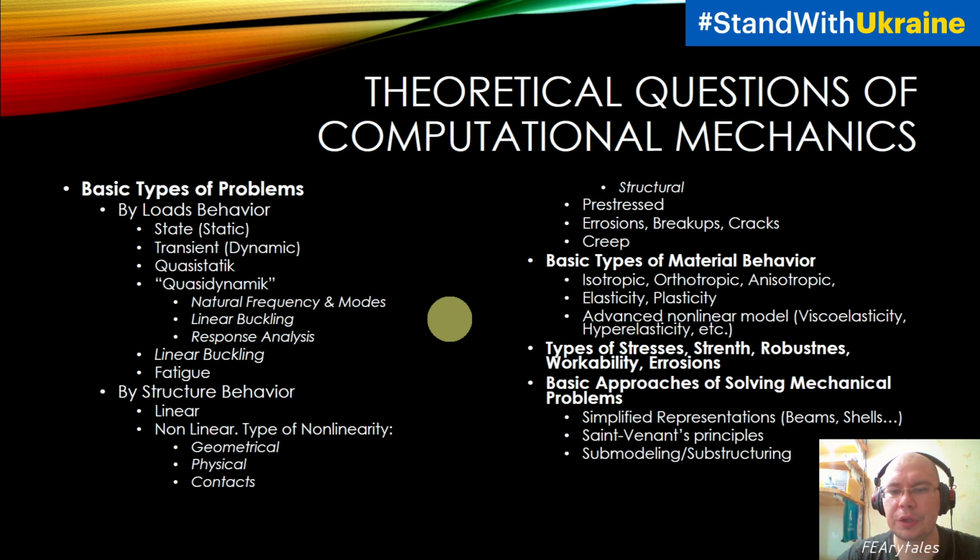We will talk about the difference between isotropic, orthotropic, and anisotropic material. We will talk about the difference between elasticity and plasticity. We will talk about different types of nonlinearities of material, that is, physical nonlinearities.